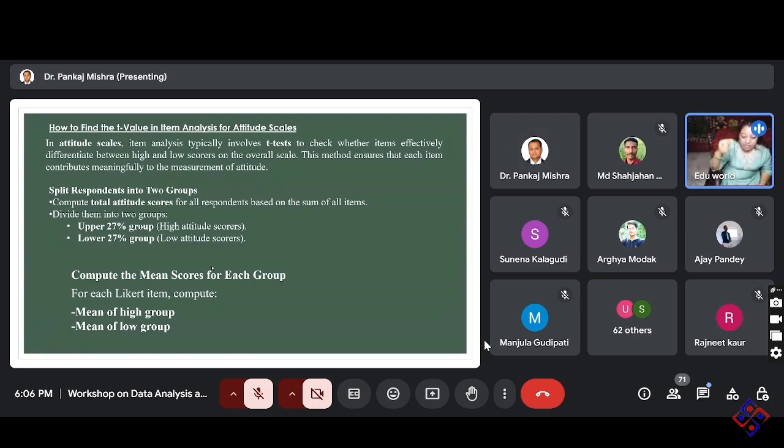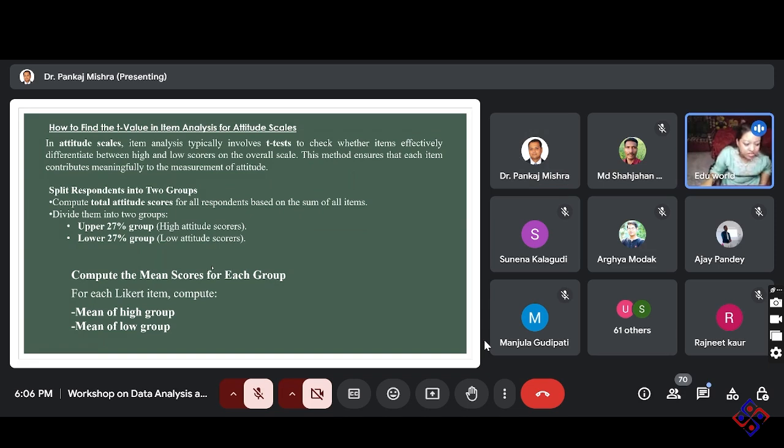If a person is stating only disagree, disagree, disagree, that means the person has a negative attitude. Like if we have a positive statement, and the person responds disagree or strongly disagree, that means the person has a negative attitude.